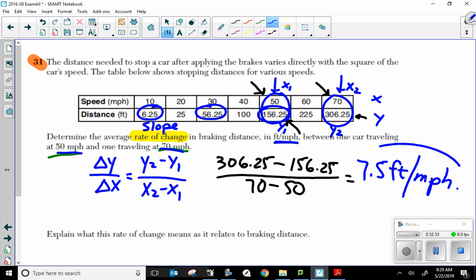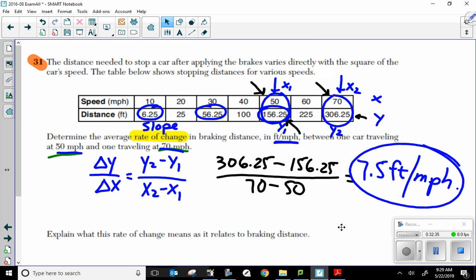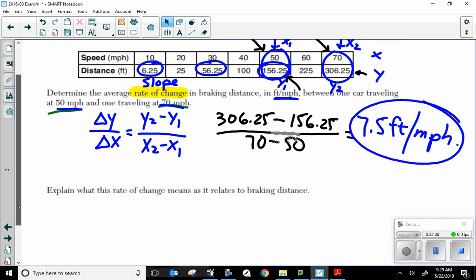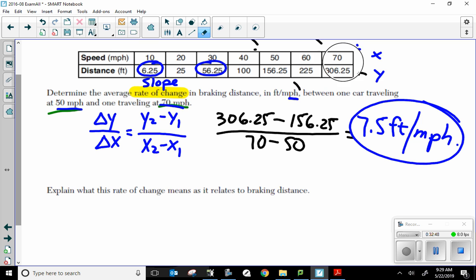Done. All right. And last but not least, they come to this problem here. Explain what this rate of change means as it relates to braking distance. Okay. So again, I'm doing this between 50 and 70.